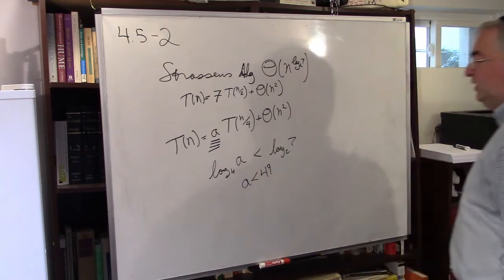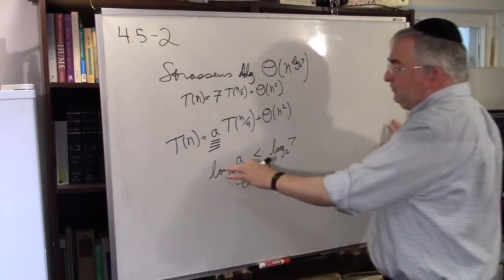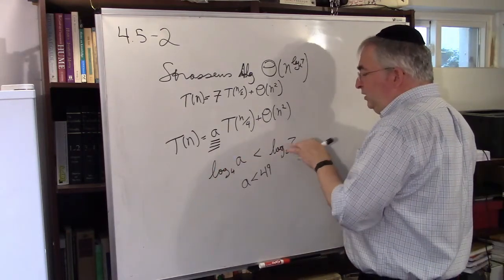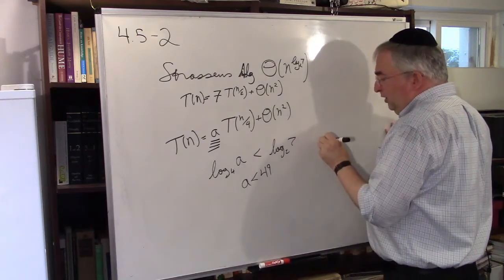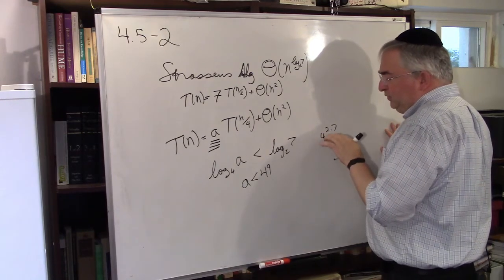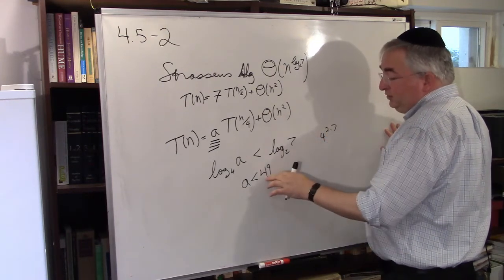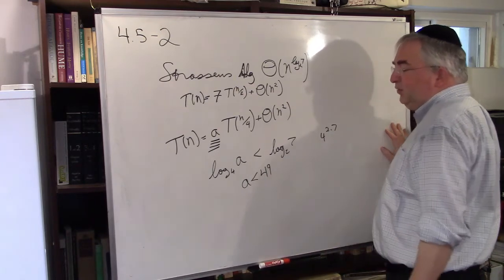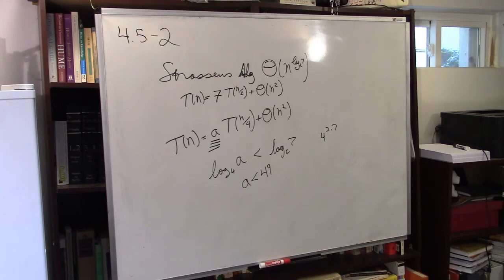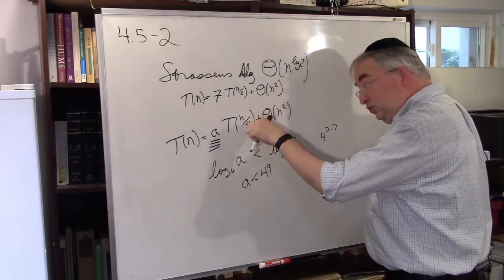If it's 48 or anything less, then it beats Strassen. You can raise both sides to the 4th power, so this is 4 to the 2.7 or something like that. 4 squared is 16. 4 to the 3rd is 64. So if a is less than 49, you win. We can do it with a calculator if you want, but I don't have one. Anyways, as long as a is less than 49, then this new algorithm beats that.